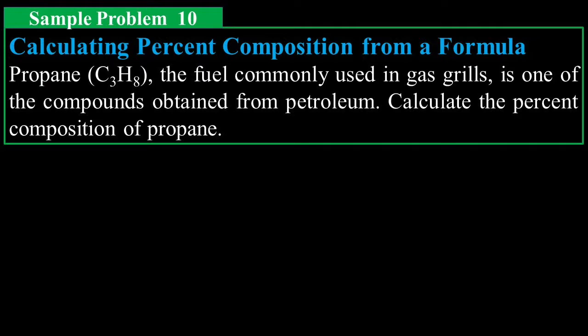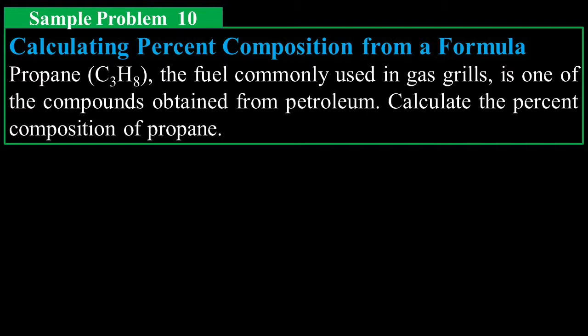Propane, C3H8, the fuel commonly used in gas grills, is one of the compounds obtained from petroleum. Calculate the percent composition of propane. Again, you could say that C3 is going to be 36 plus 8 is going to be 44.